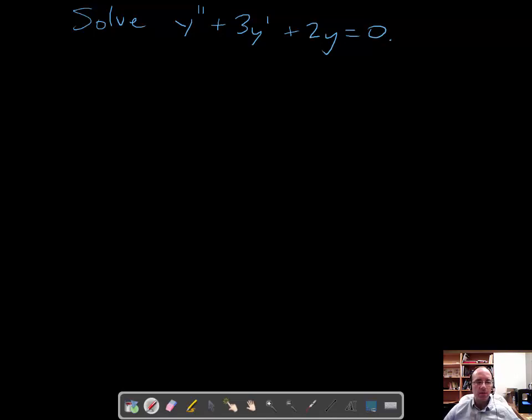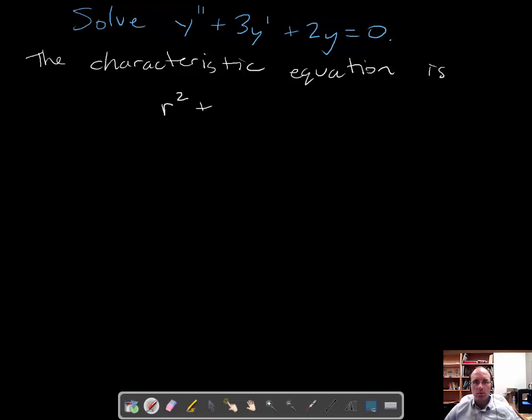Okay, to solve that, we can jump straight to our characteristic equation. So the characteristic equation is r squared plus 3r plus 2 equals 0.